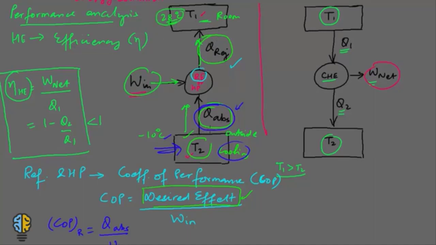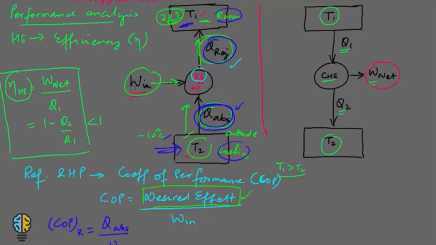Okay, now in a heat pump, what is the parameter of analyzing the performance? That is the amount of heat rejection, because we are more concerned with the amount of heating that is being produced in your room. What is the amount of heat being absorbed is something I cannot control.